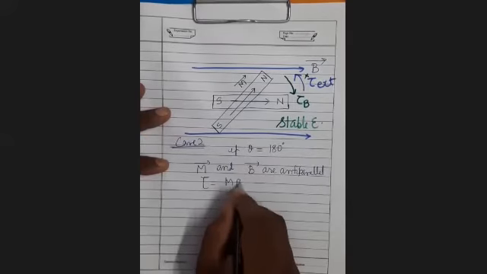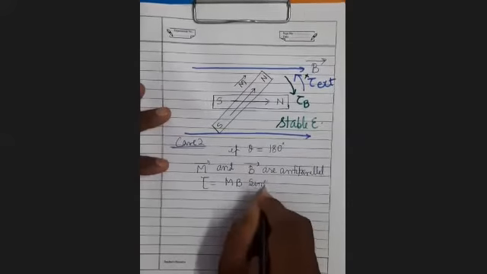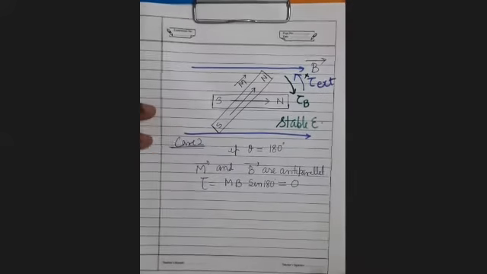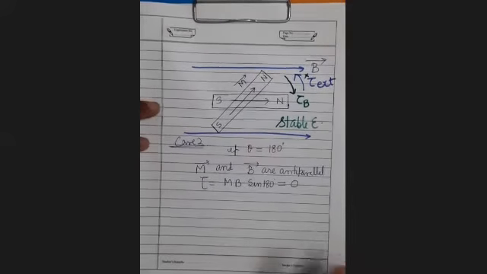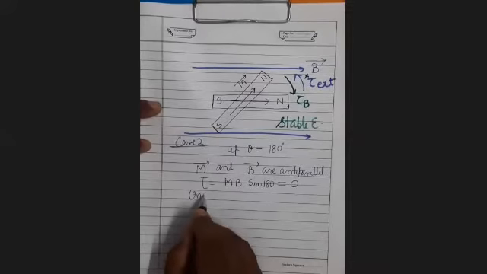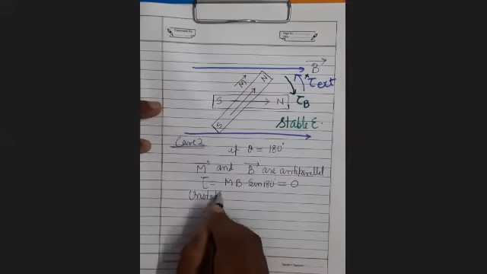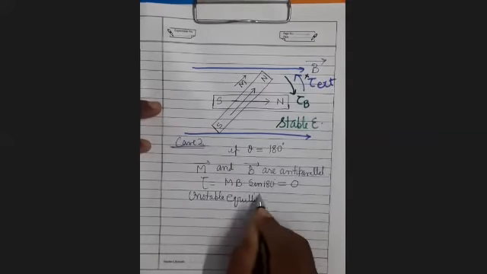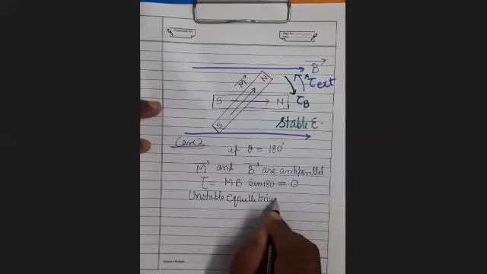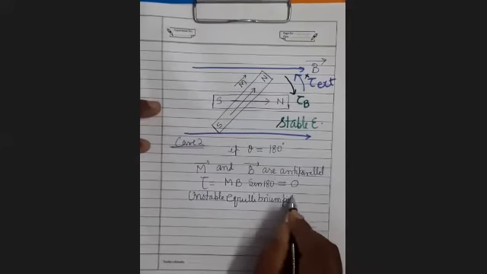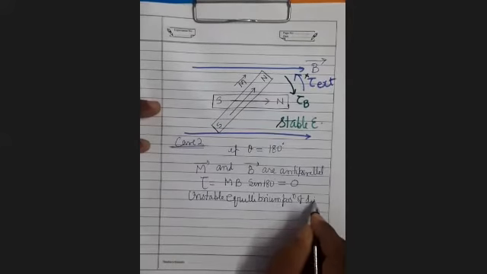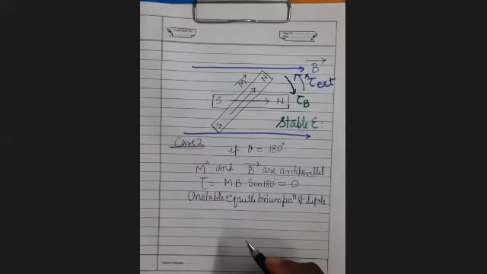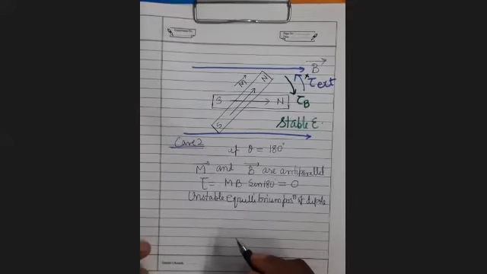Once again, tau will be 0 because sin 180 degree is 0, and this will be the unstable equilibrium position of the dipole. And see here, what is the meaning of unstable?